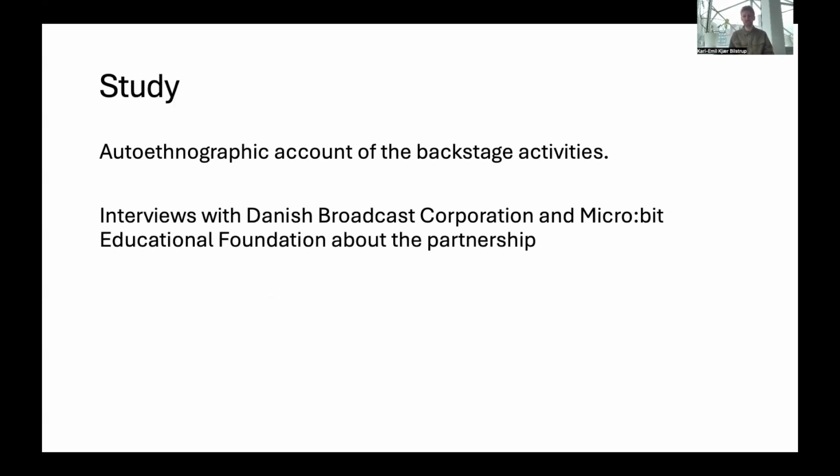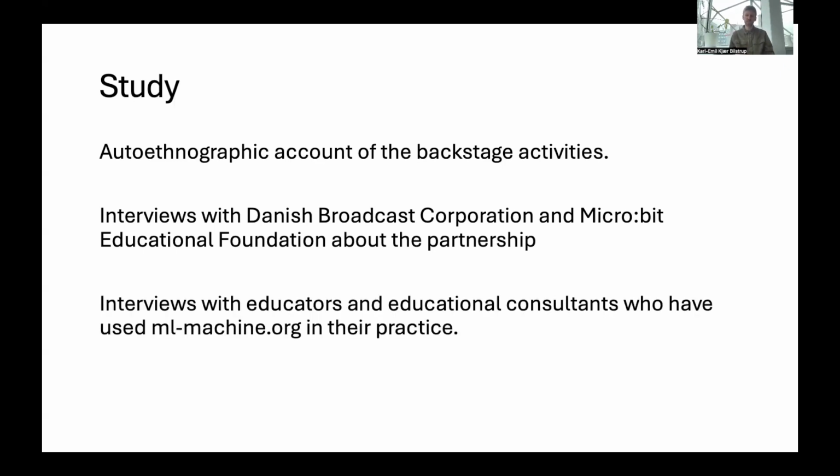At the level of teachers and education consultants, we interviewed 3 teachers and 2 consultants who have all used mlmachine on their own initiative. You can read more about these backstage activities and the results from the interviews in the paper. Here we'll move on to the implications of the results.